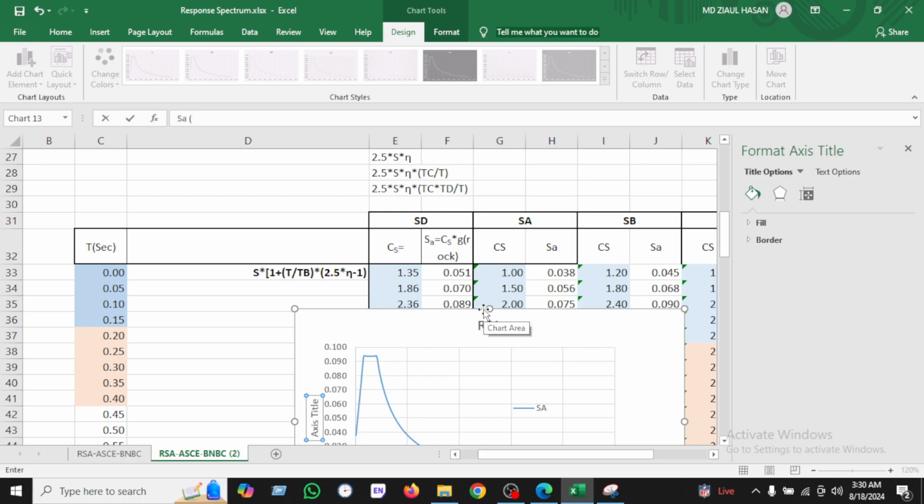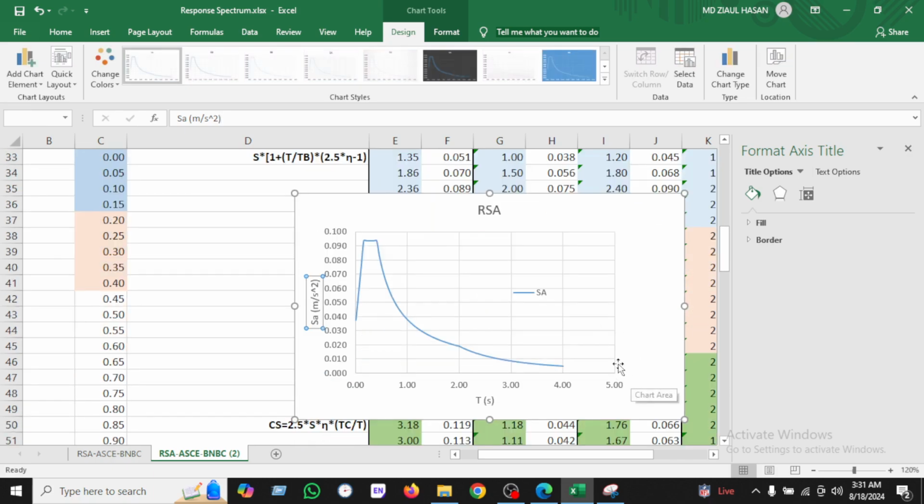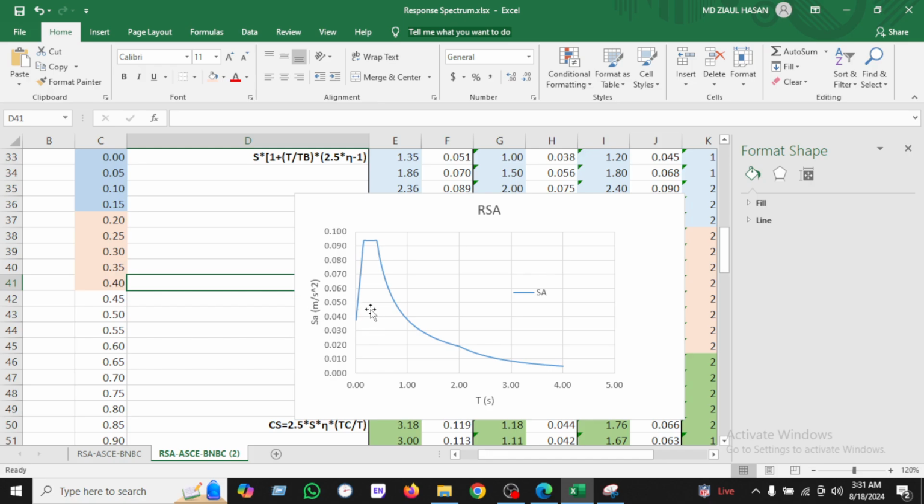The unit will be meter per second square, because this is the spectral acceleration in meter per second square.